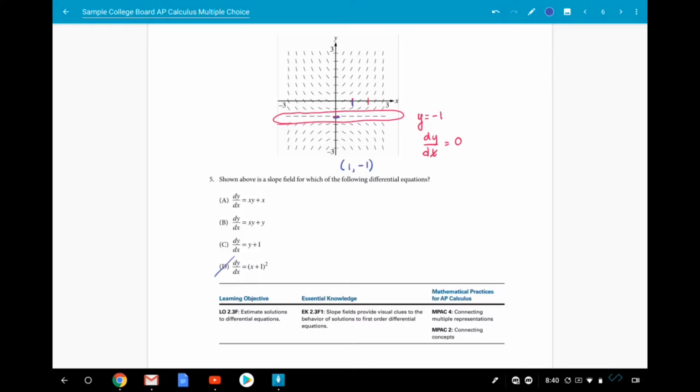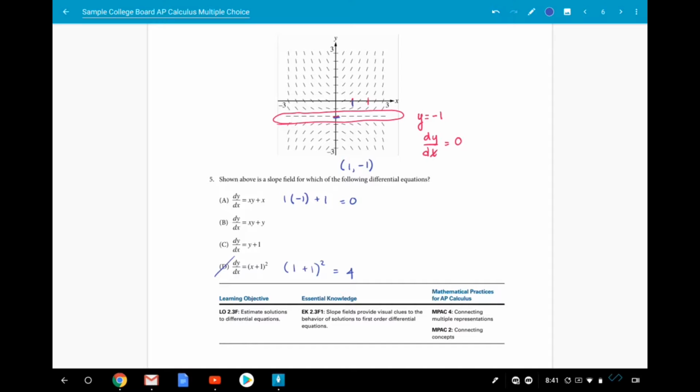If I plug in 1 here, I get 4, and the derivative is obviously not 4. So it's got to be something else. So if I look over here at dy over dx is equal to xy plus x, let's go ahead and plug in that 1, -1. So I'm going to get 1 times a -1 plus a 1, and that's 0. That could possibly be the answer.